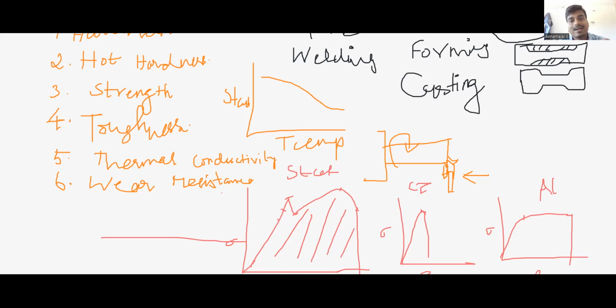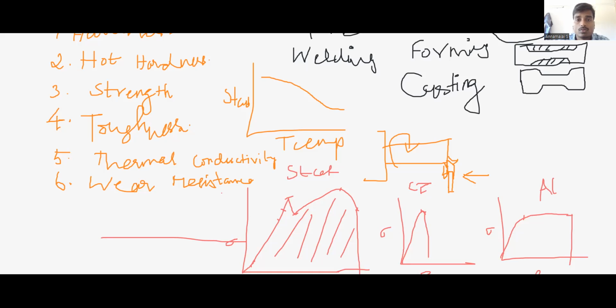The high temperature chip is flowing over the rake surface of the tool, so there is a continuous sliding action over the tool material. The tool wear will happen over a prolonged time. It will not happen as soon as you start the turning operation. It will take some time.